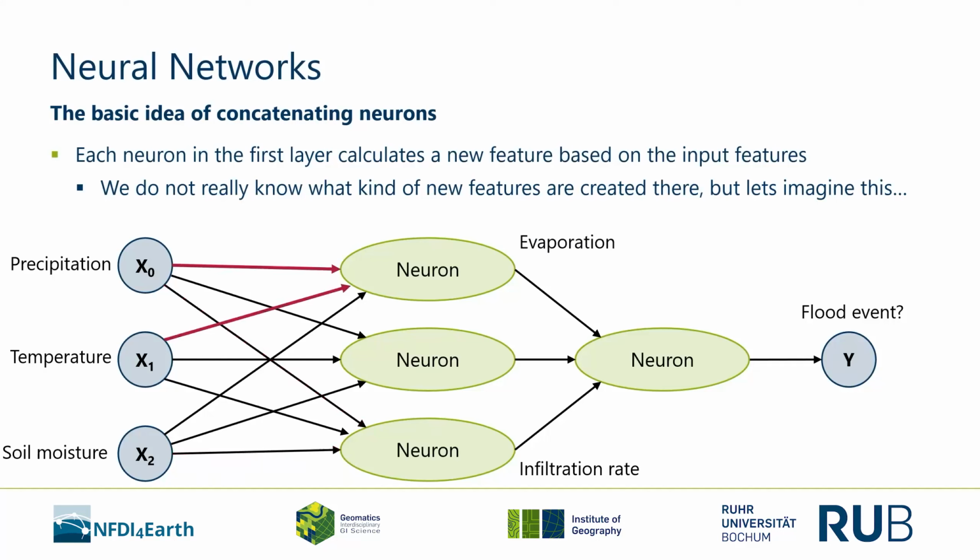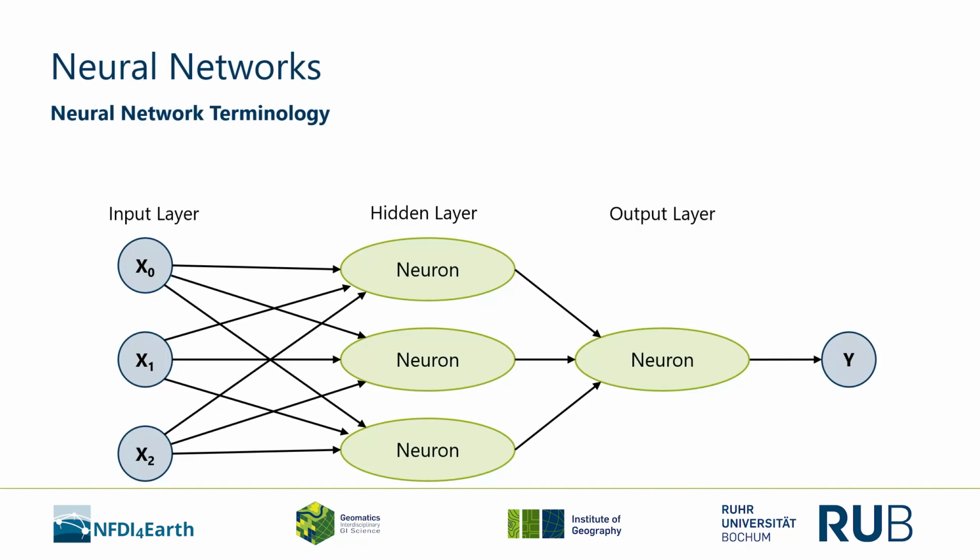Another could calculate evaporation, and the next could calculate an index we might not know yet. By the way, the section at which we enter our features into the model is also called the input layer. All layers with neurons that do not output the final value are called hidden layers. And the final neurons that give us the result are called the output layer.